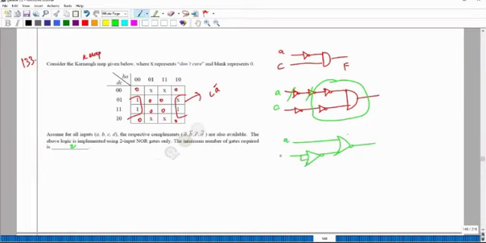So AC. So this is C bar. So A plus C bar the whole bar is equal to A bar C. So we require two NOR gates in order to implement.